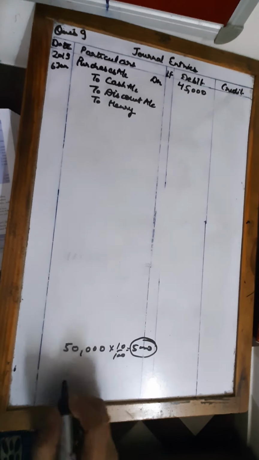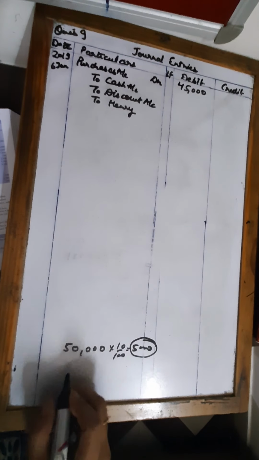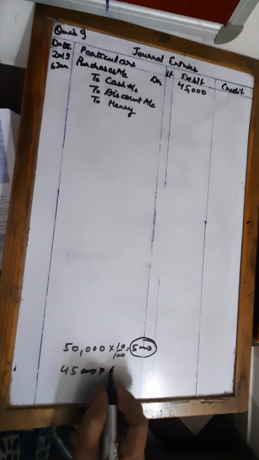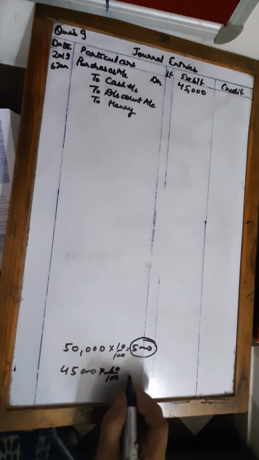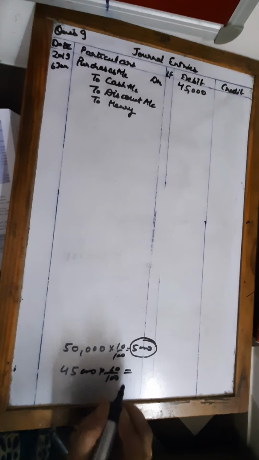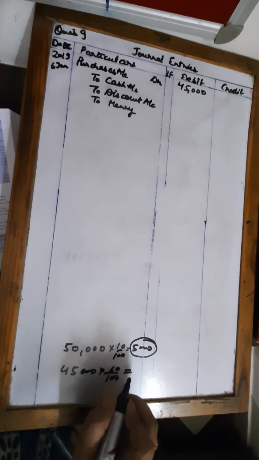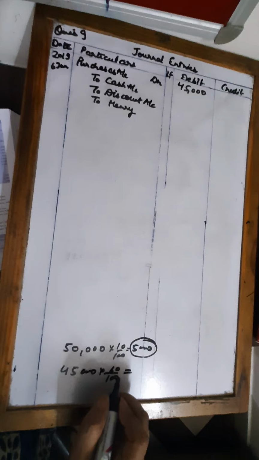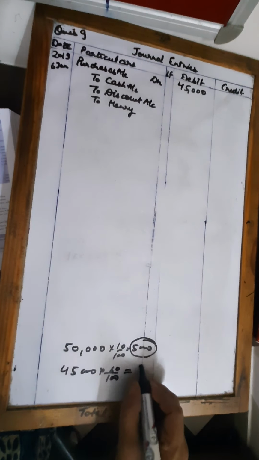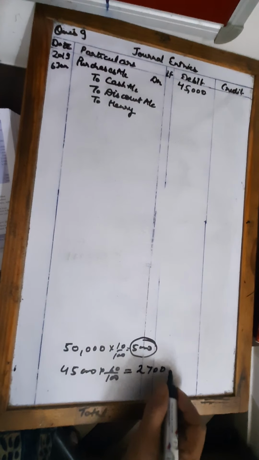So first you will calculate 60% value, 45,000 into 60 upon 100, and please remember cash discount is always given on a cash payment. So 60% of 45,000 is 27,000.